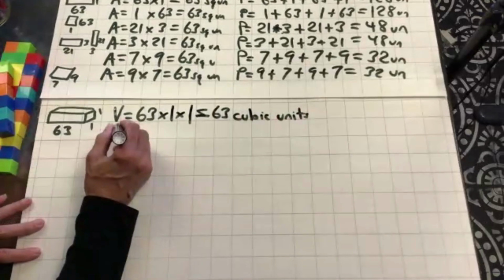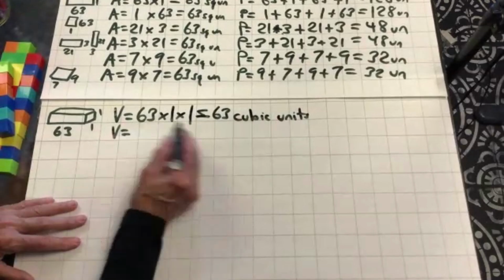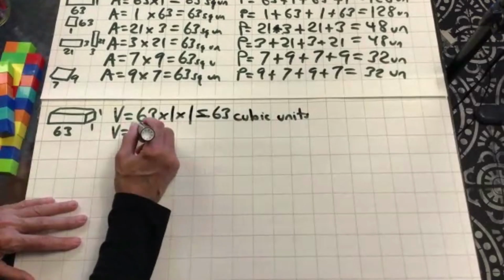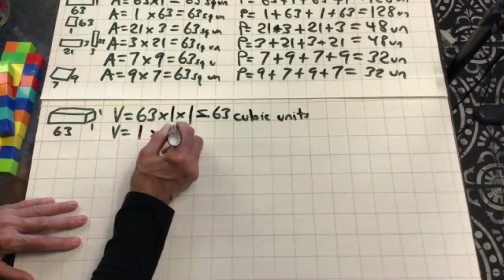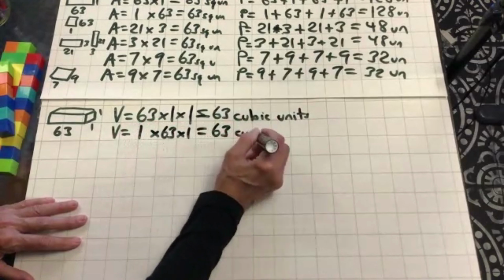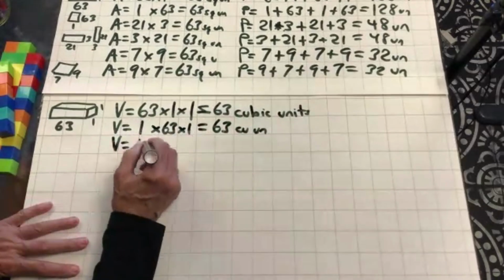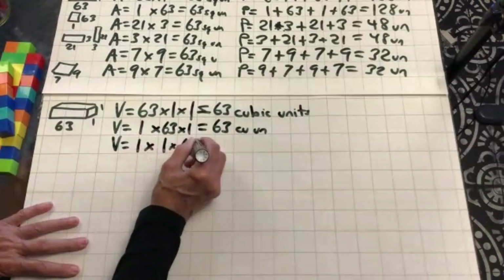Another way we can write that, we're just going to change up the order: 1 by 63 by 1 equals 63 cubic units. And then we can write that again as 1 by 1 by 63.